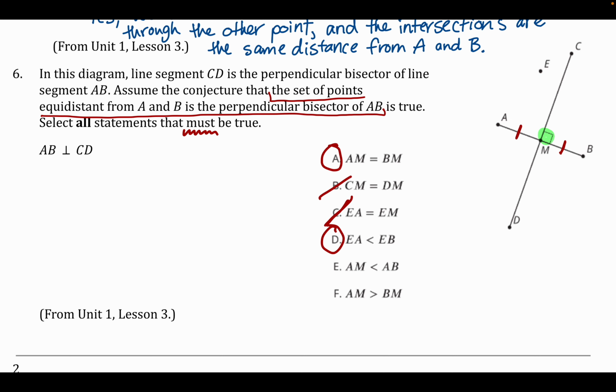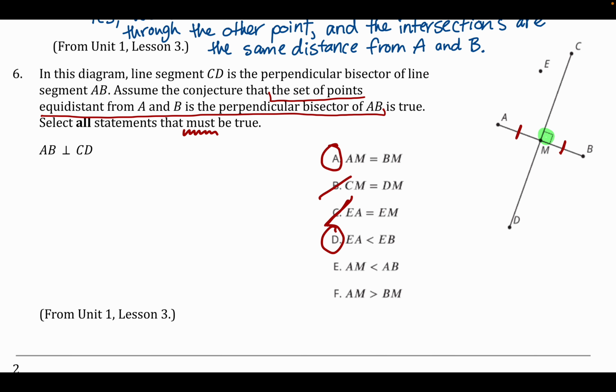But because E is actually on A's side of the perpendicular bisector, it means it's going to be closer, and closer means that that value is smaller. So we are allowed to say that EA is going to be less than EB. It's another way of basically saying it's closer.